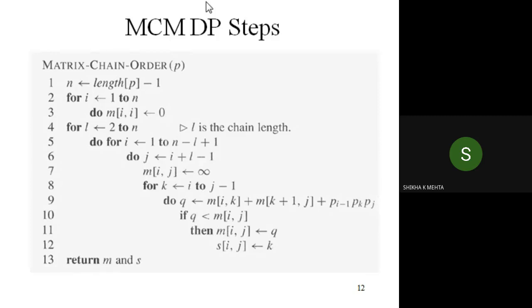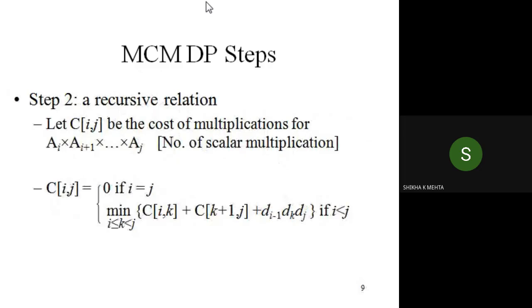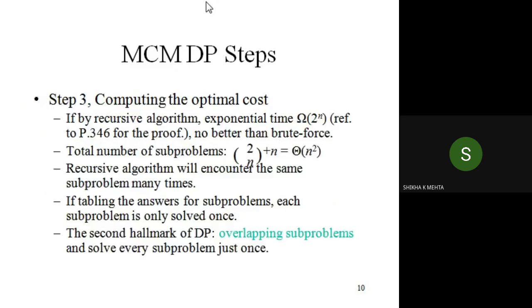The terminology is different, but the formula is the same as the step that we have done. What should be the value in the cost matrix? If i is equal to j, we are going to assign 0. If i is less than j, then we are going to take the minimum of this.